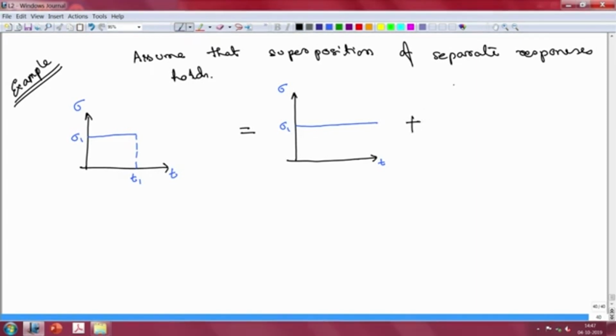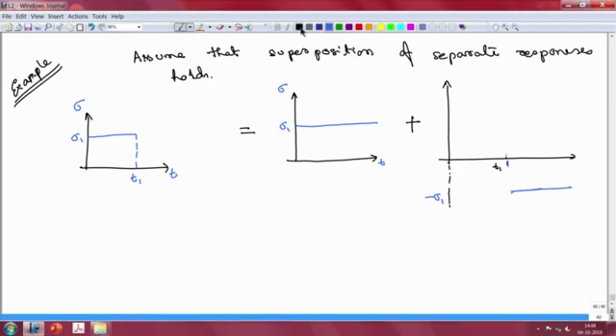And then this is added to another signal. Let us say this is your time t1. And at t1 you impose the signal of minus sigma 1. So, we see that this equality is correct.